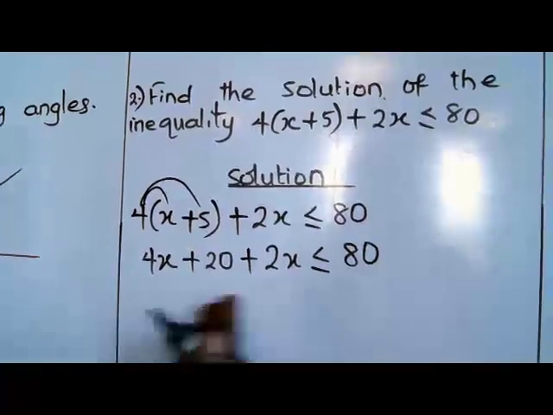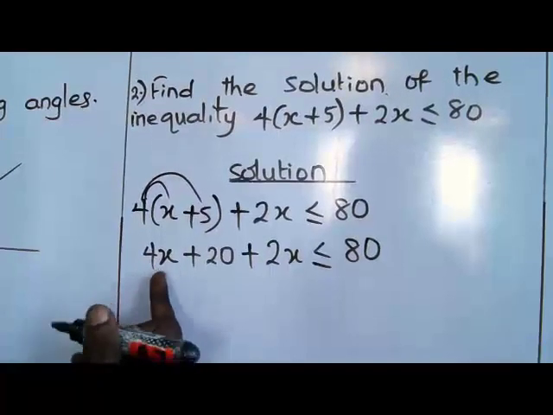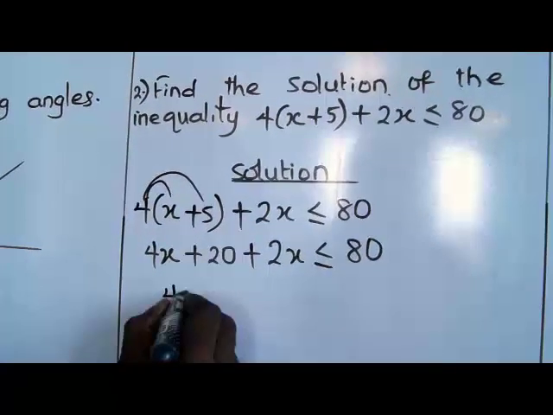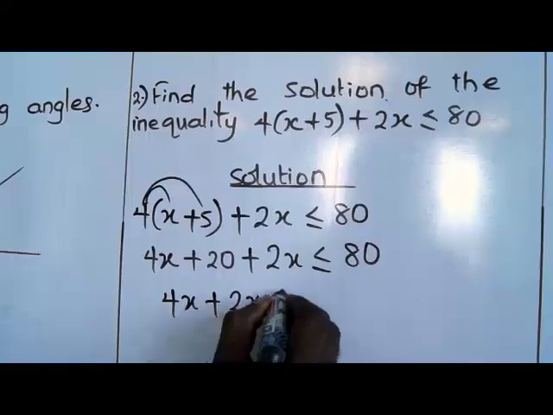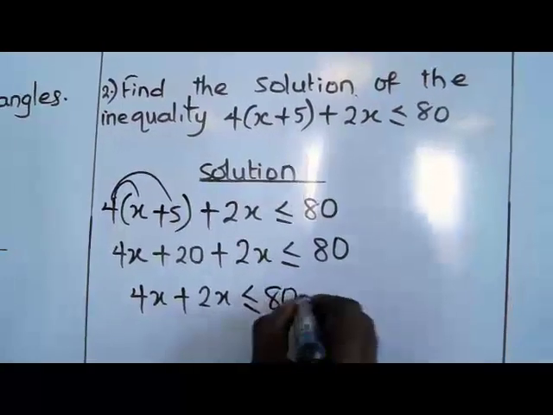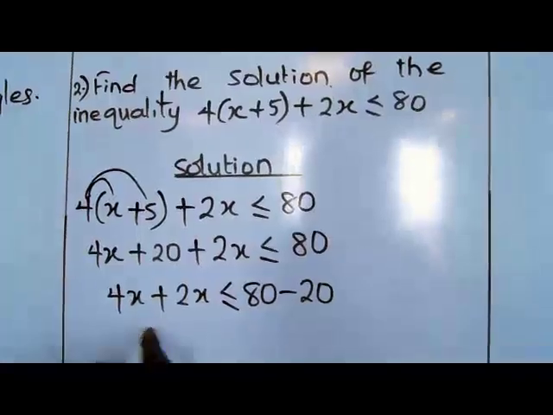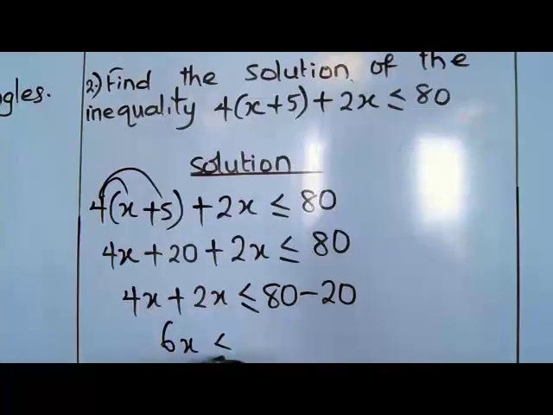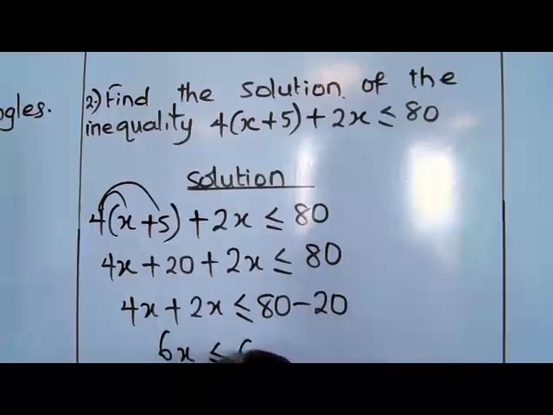If I rearrange here or collect like terms, I'll be having 4x plus 2x left here, less than or equal to, if this goes to the other side, 80 minus 20. So this is 6x less than or equal to 60.